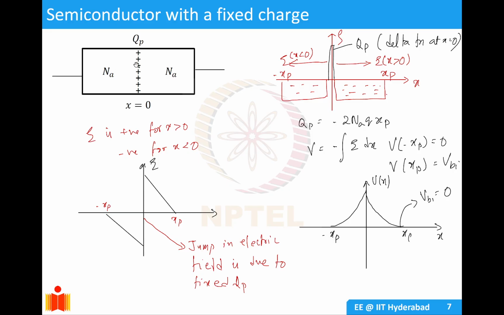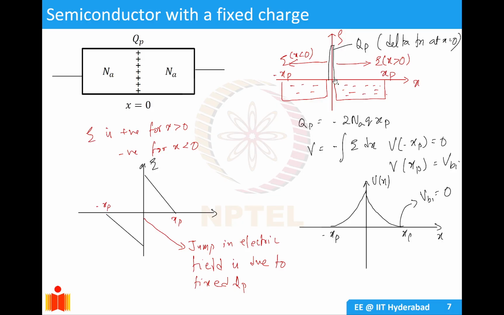This sheet of fixed charges will cause a depletion region near the sheet. So it will look like this: from minus xp till almost x equals 0, and from x equals 0 almost till xp.